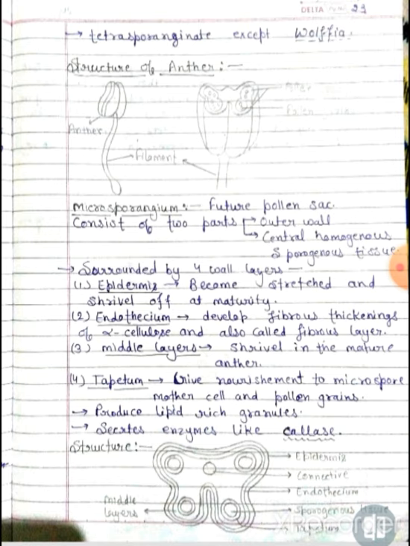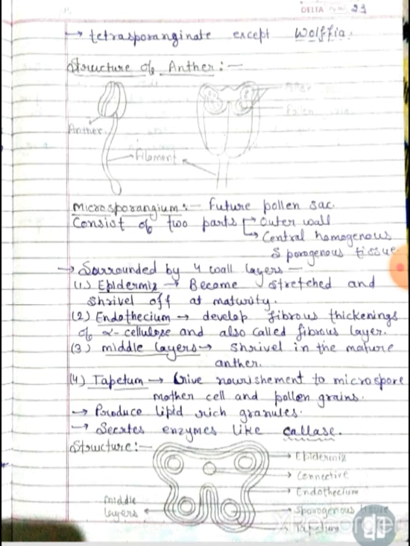Now I'm going to talk about the functions of these walls and how they work. The epidermis is the outermost layer and becomes stretched and shrivels off at maturity. Shrivel off meaning they fall apart at maturity.